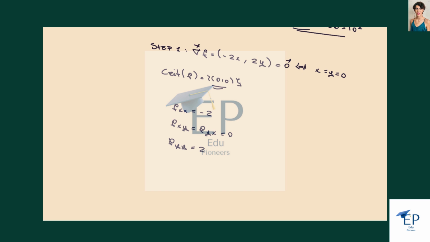Perfect. Now, let's compute the determinant of this matrix. Okay, the determinant of this matrix is equal to what? Well, we are going to have negative 2 multiplied by 2, which is negative 4, less than 0. So, this one is a saddle point.